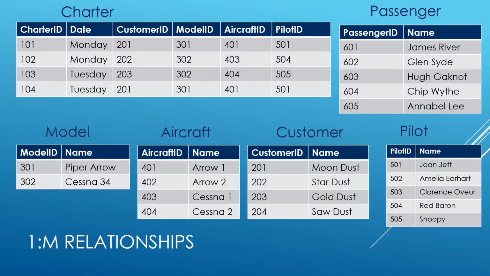Then we will add customer ID, model ID, aircraft ID, and pilot ID to our charter table. And we will have relationships between those columns and our tables below. So customer ID goes to customer, model ID goes to model, aircraft ID to aircraft, and pilot ID to pilot.